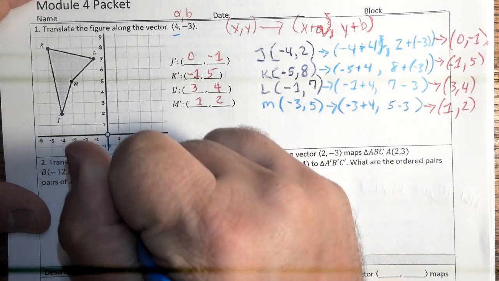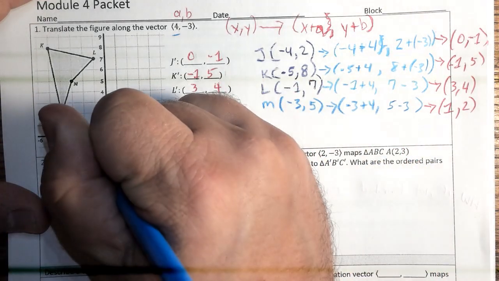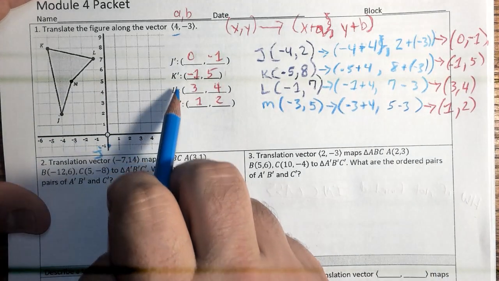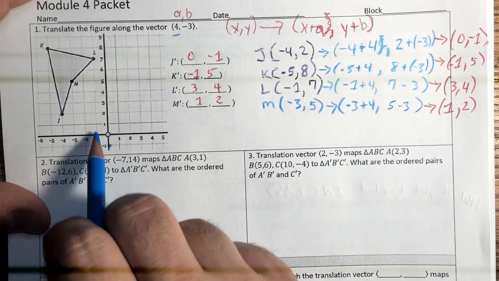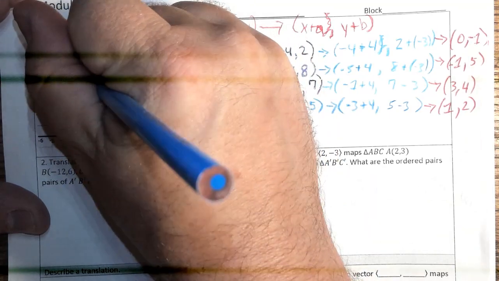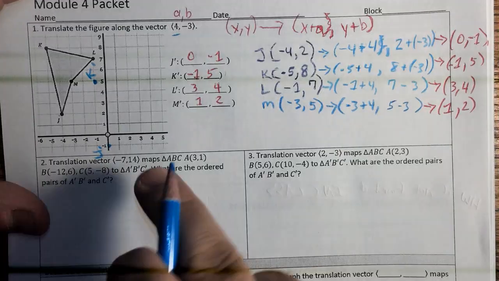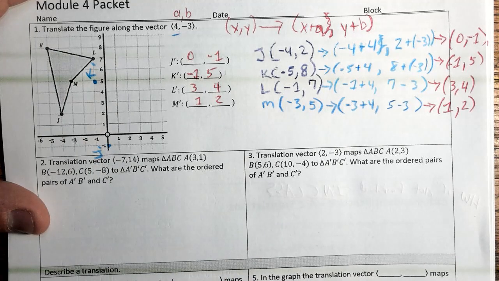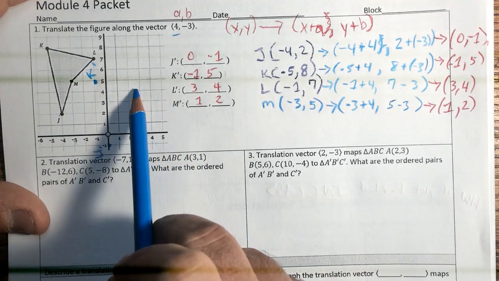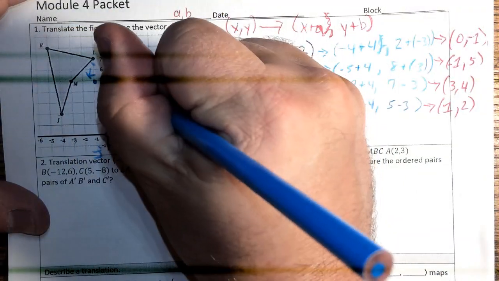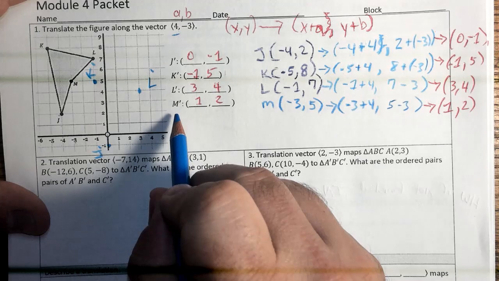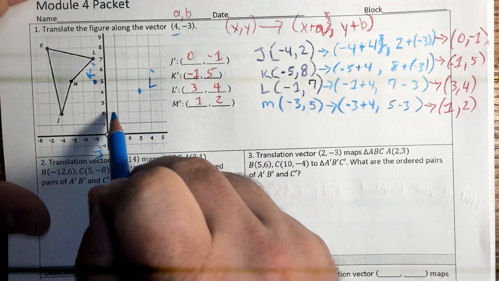J is going to be... Okay, K, negative 1, 5. So these are these points. All right, so L, 3, 4. And then M, 1, 2.